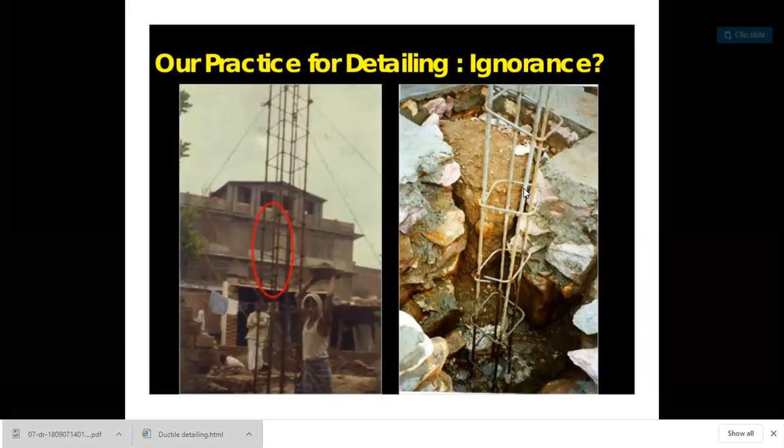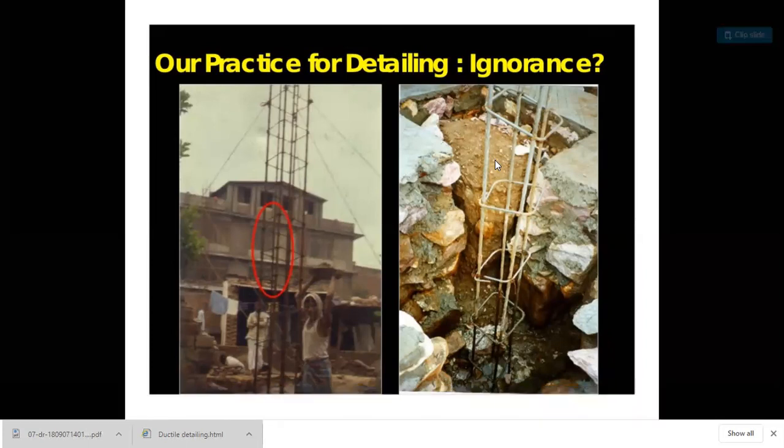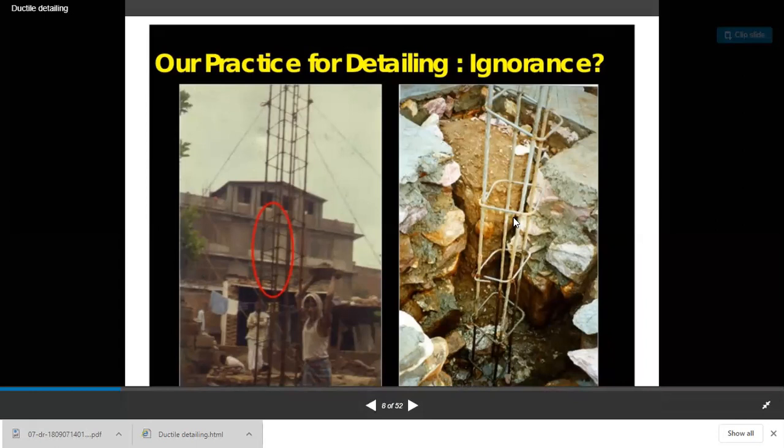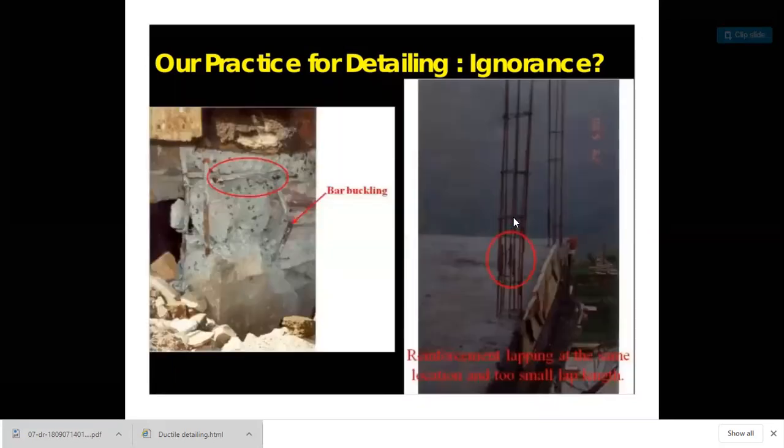Main steel, distribution steel and stirrup. Draw this diagram in your notebook with respect to the bar buckling and with respect to the lapping.